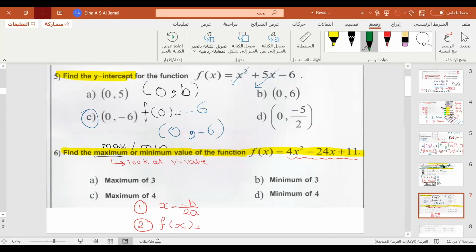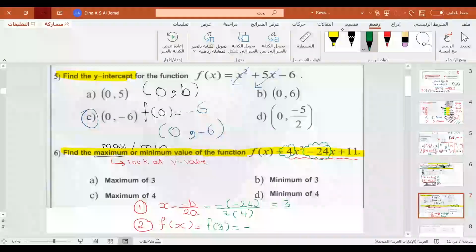So let's see, minus 24 over 2 multiplied by 4. And lastly, it will give you the x is equal to 3. And if I would like to substitute by f with 3, after substitution, you will be getting minus 25.